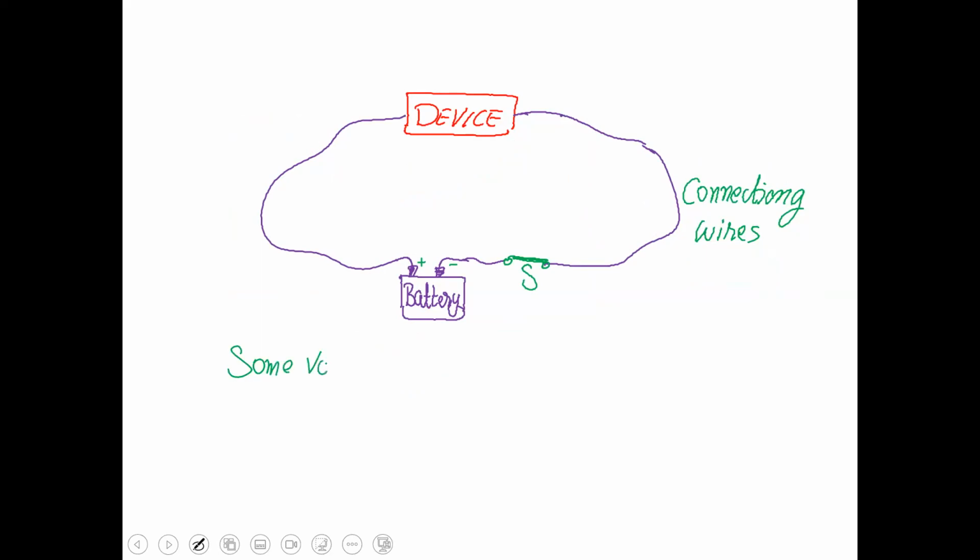Now, some voltage is lost on connecting wires. You must have seen long wires in your house, especially the extension lead.